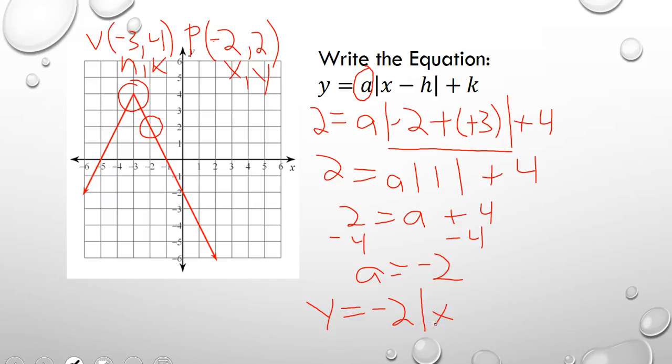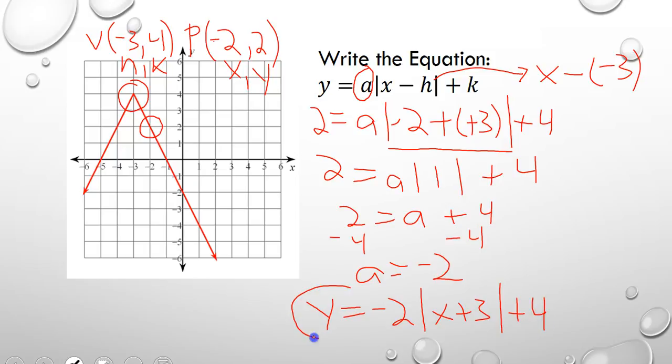And I know it's x minus -3, so this was x minus a -3. So that's actually going to change to +3 when we get inside. Remember, this shifts to the left 3, which makes sense because the graph definitely shifted left 3. And then just put my k value, which is +4.